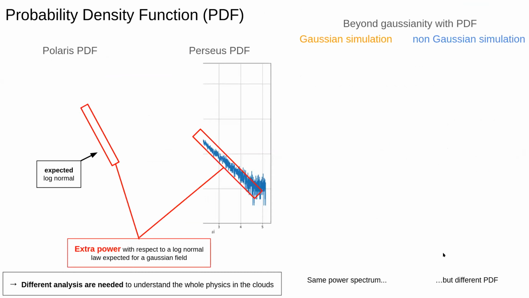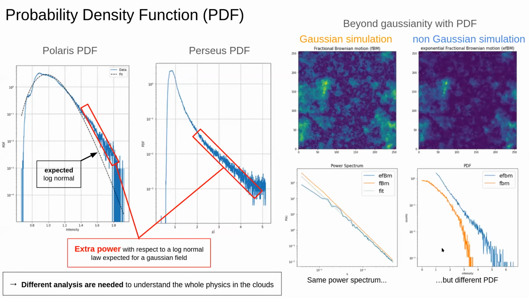Next slide, please. Then we look at the probability density function of the column density maps. As you can see, for example, here for the Polaris PDF, it is almost following a log-normal law. However, there is a tail of extra power, and this is a characteristic of non-Gaussianity within the fields, which could not be seen by only looking at the power spectrum.